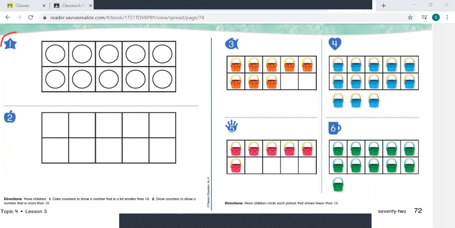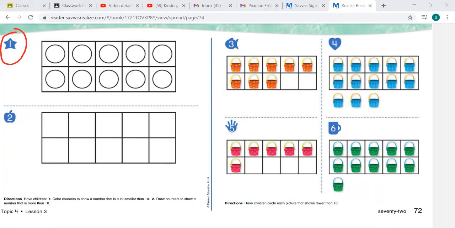We're over here. So what we're going to do, we're going to color counters to show a number that is a lot smaller than 10. Not just a little, but a lot smaller. So you can color in as many counters to show a number that is a lot smaller than 10.